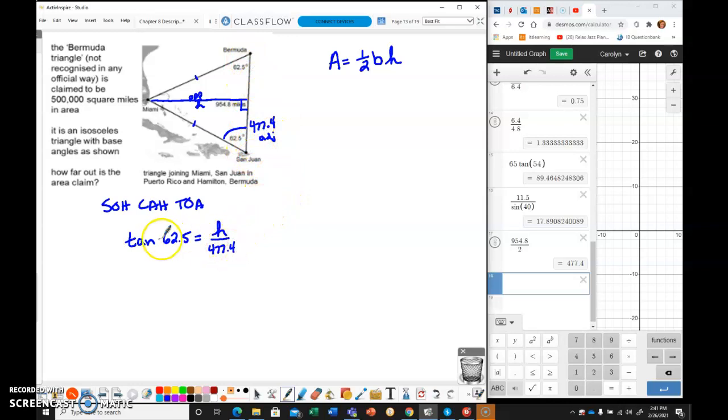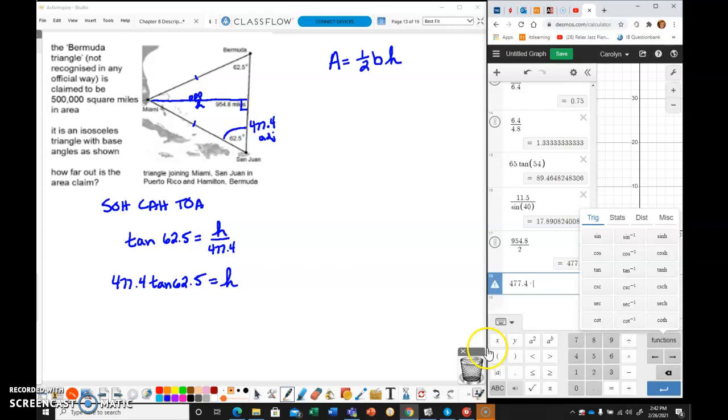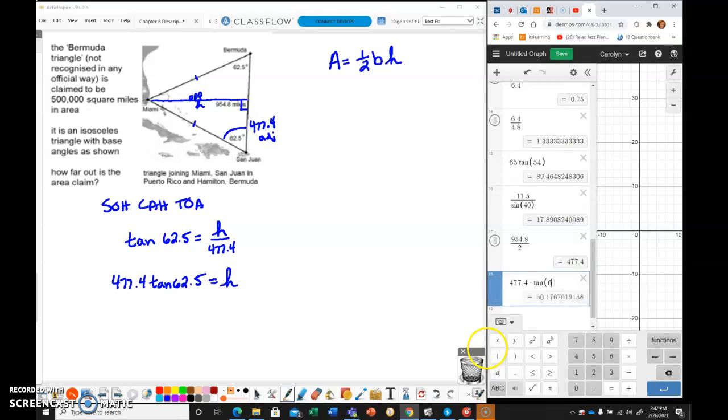Okay, so to solve this, I'm going to multiply both sides by 477.4. So 477.4 times the tangent of 62.5 is going to equal the height of my triangle. So I'm going to take that last answer and multiply it. I'm going to do 477.4 and multiply it by the tangent of 62.5.